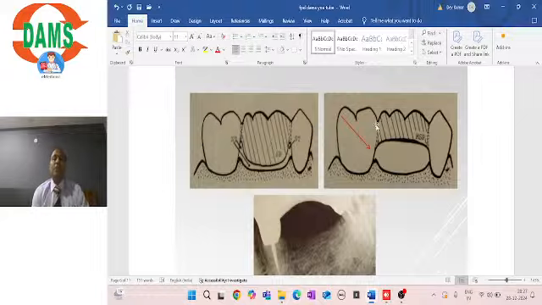We can go ahead with an all metal crown, or with a modified sanitary or parallel pontic, where with such a design we get a better connector area. If somebody asks what is the minimum connector area, length and width, for all metal or PFM, it is 3 by 3. Remember this, 3 by 3.